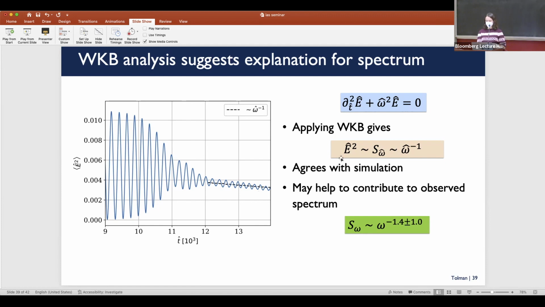And so this relationship, E squared goes like frequency to the -1, might be one of the contributors to the observed spectrum, which also has a spectral index of roughly the same magnitude. This is, again, kind of a hand waving argument. So there's a lot more physics going on that will give you the big scatter around -1.4, and also the difference between -1 and -1.4.